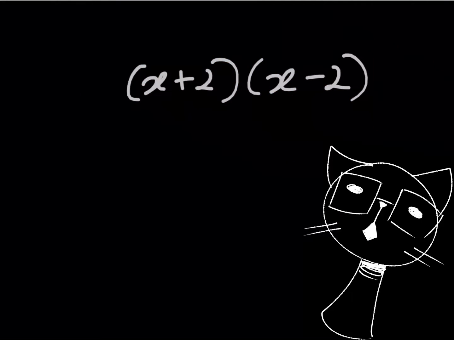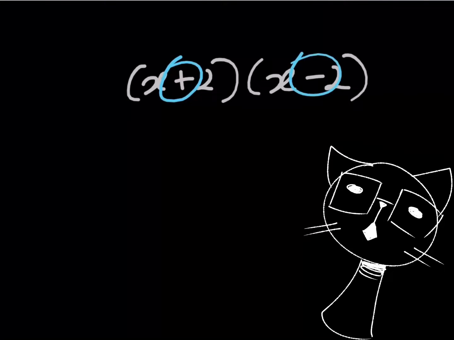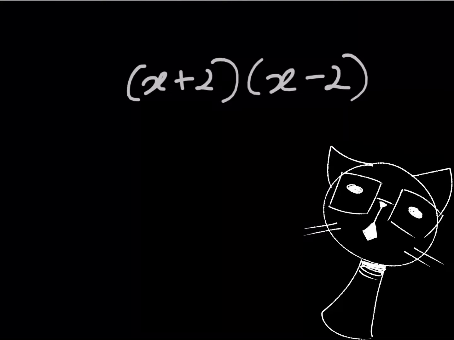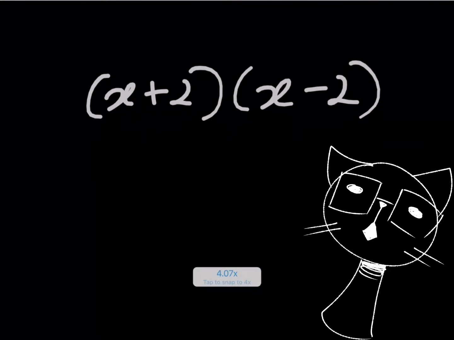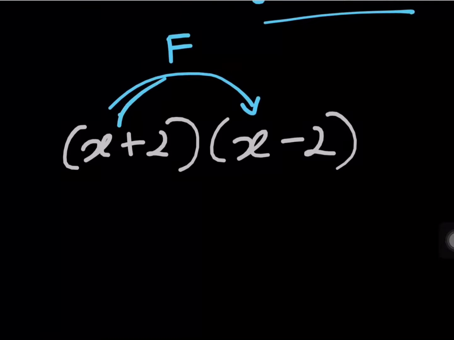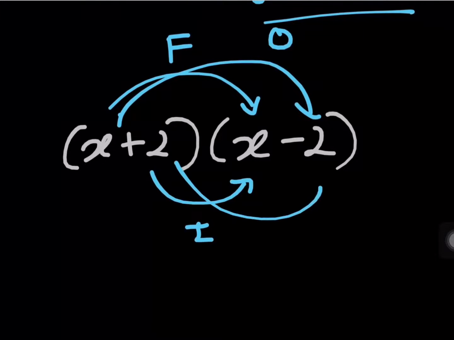Now let's expand some more brackets, but with two different symbols this time. Over here we have the plus symbol, and over here we have the minus symbol. So how do we expand these types of brackets? Now as we did before, we'll use the FOIL method. So we'll go with first, outside, inside and last.